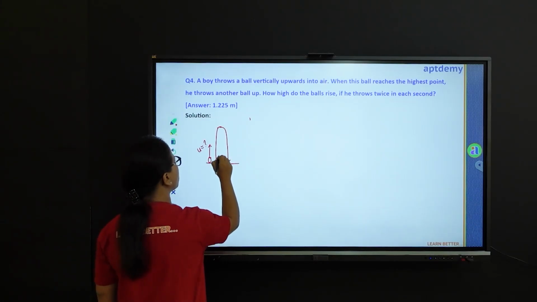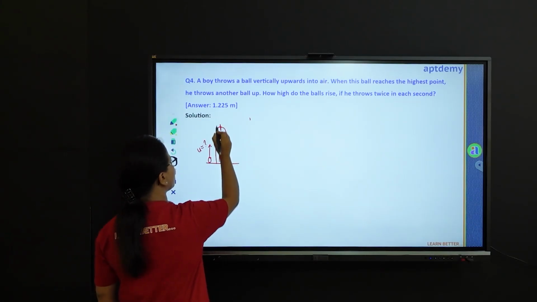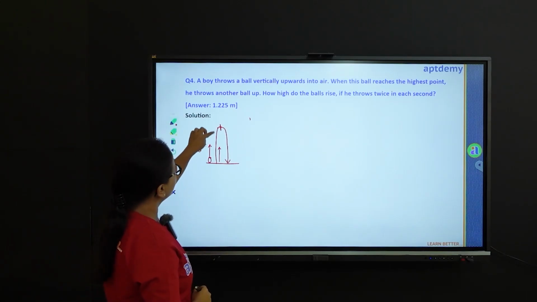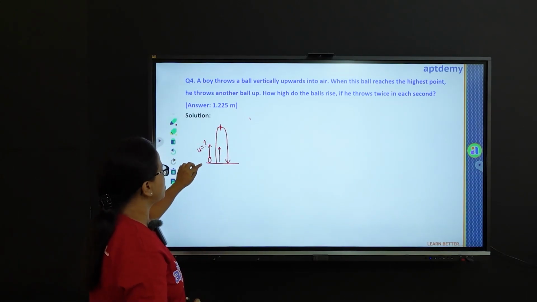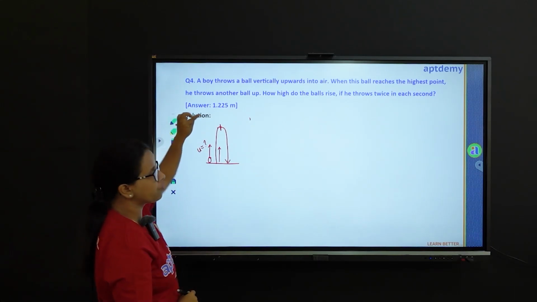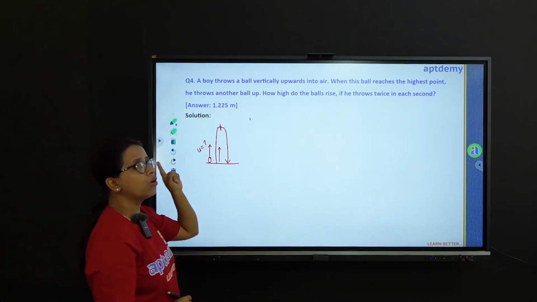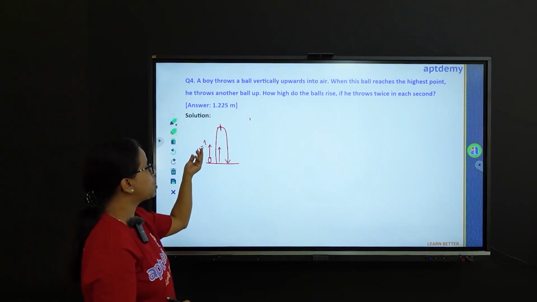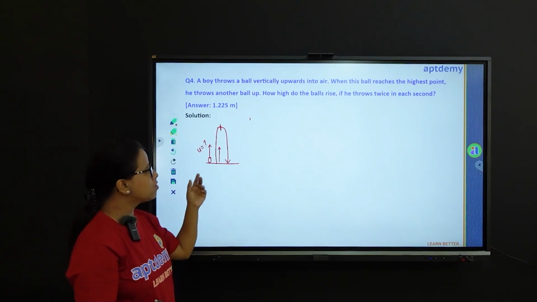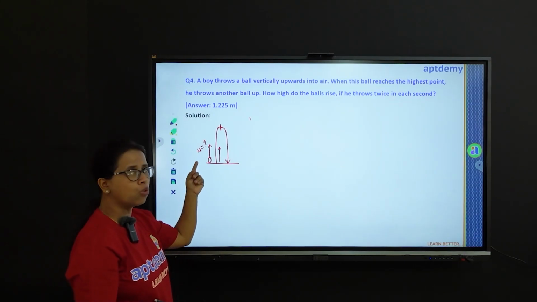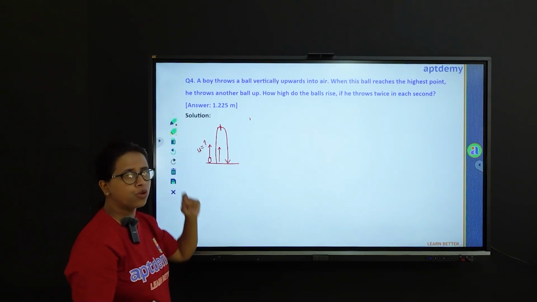By the time it comes down, another ball is thrown. So this is the time of ascent, and this is the time of descent. Now we shall not consider the time of ascent. Why? Because we are not aware of the initial velocity of the ball. It could have carried some velocity. So here, since u is unknown, we will not proceed with the upward motion.